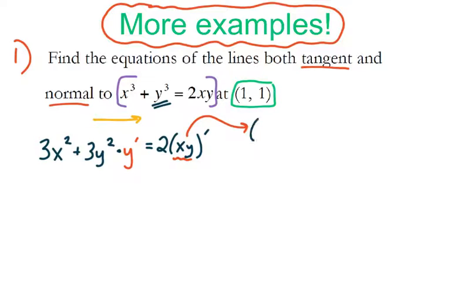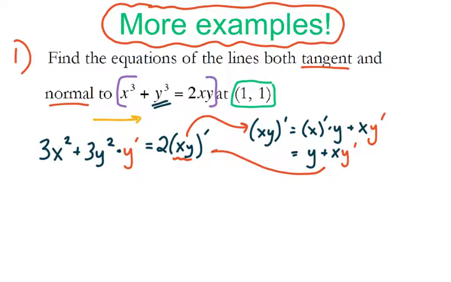The derivative of x times y by product rule should be the derivative of x times, leave the y alone, plus leave the x alone, and multiply by the derivative of y, which I'll put in my other red color. And the derivative of x is just 1, right? So this becomes 1 times y, or just y, plus x y prime.